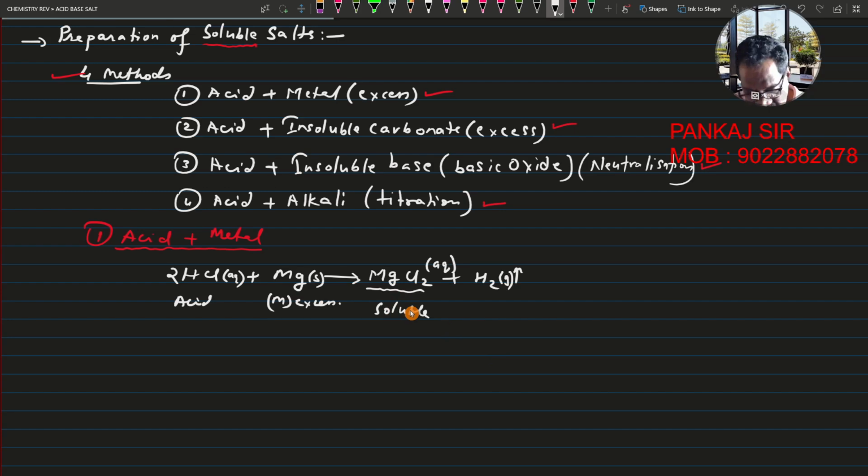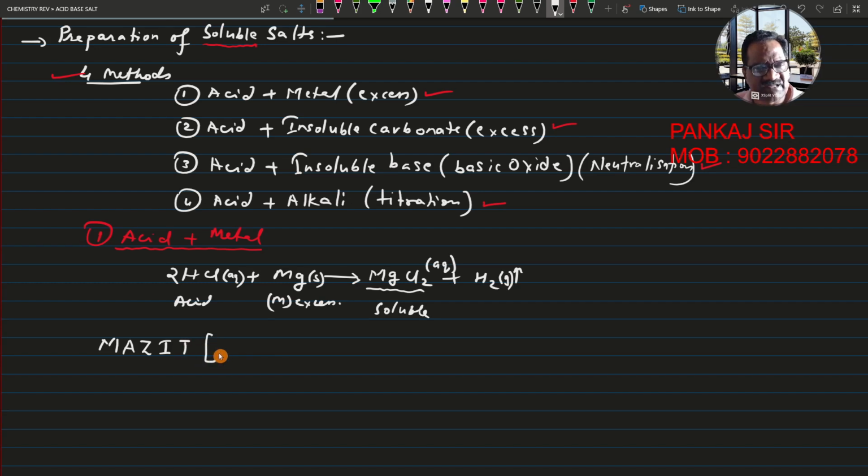Now what you have to do to prepare this: the acid can be mostly hydrochloric acid, and the metal that you will be taking can be either magnesium, or aluminium, or zinc, or iron, or tin. So remember this word MAZIT, mazit.